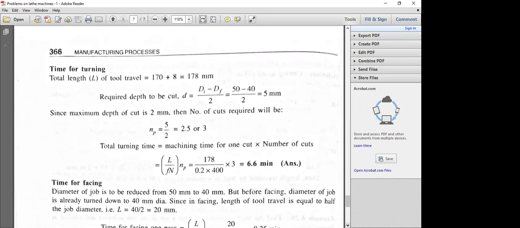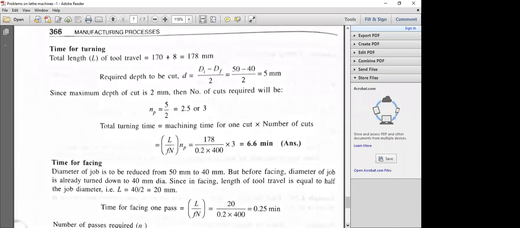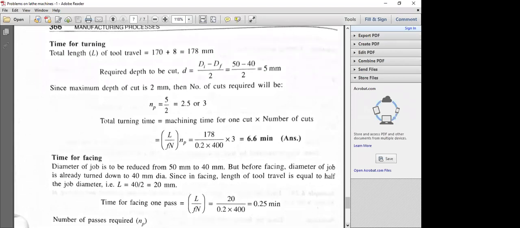So what is the time required for facing one pass? L by F N. Instead of the 178 you took in turning, for facing you have to take the value 40 by 2. Don't confuse yourself, because this is a very important problem in which many people commit mistakes.